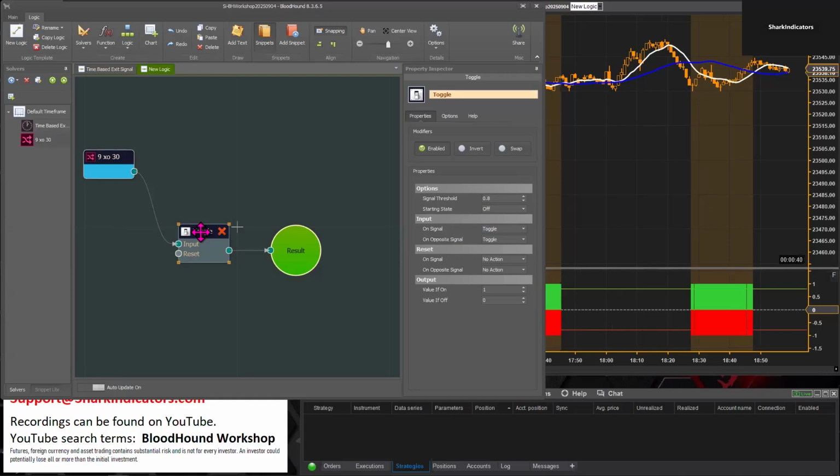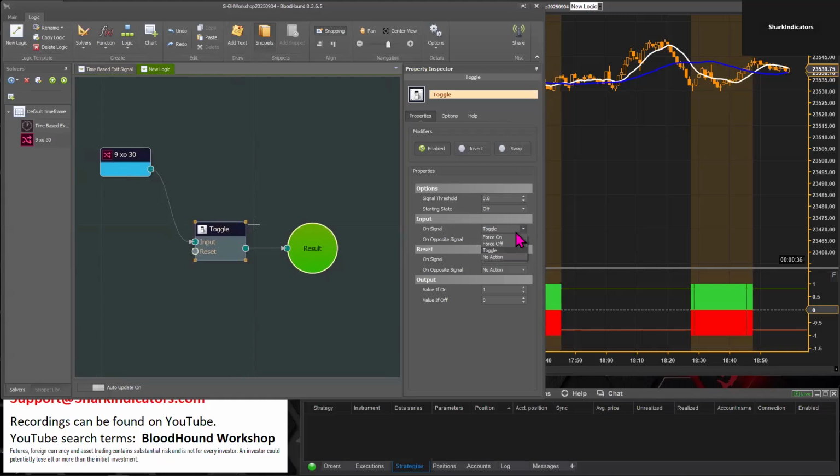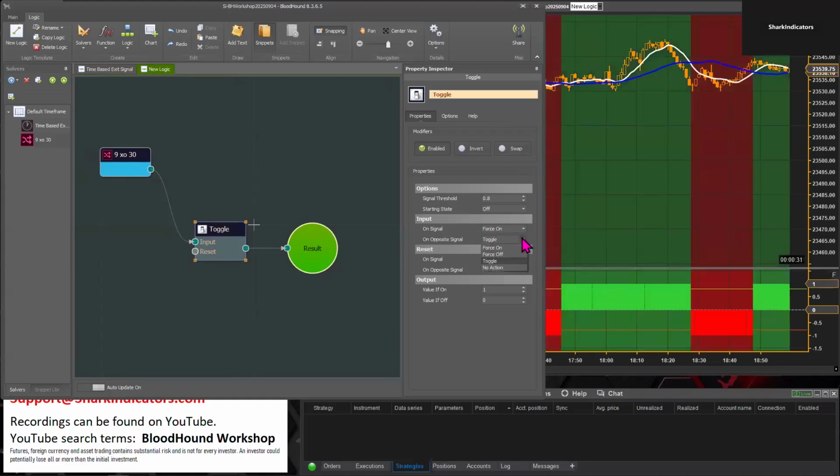So give me a moment to set this up, and I'll give you an example of how you can use the toggle node to prevent signals for the remainder of the day.